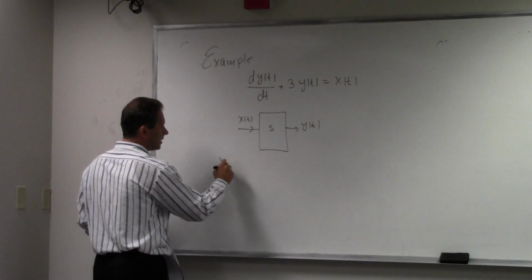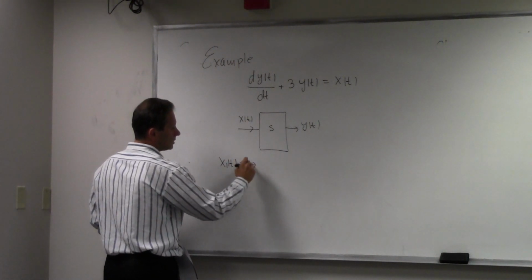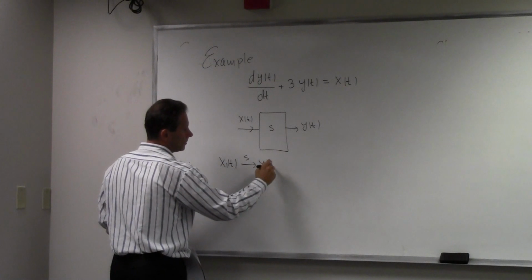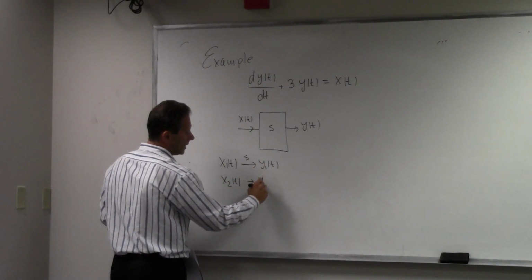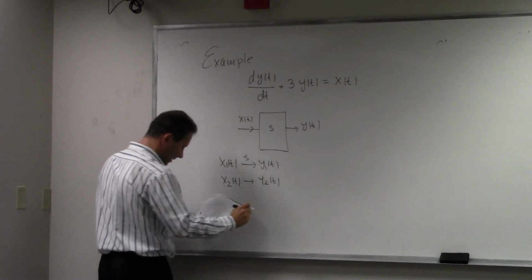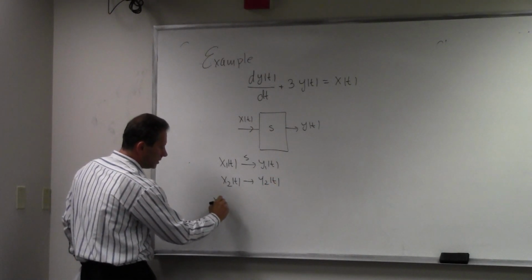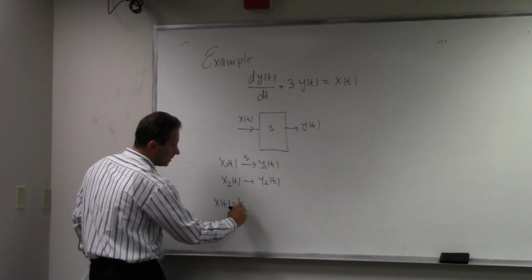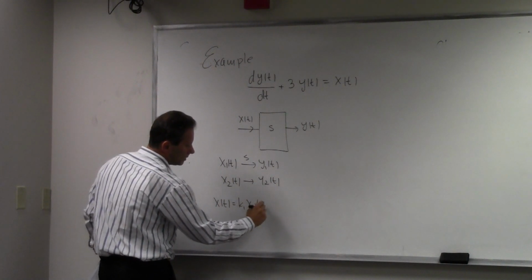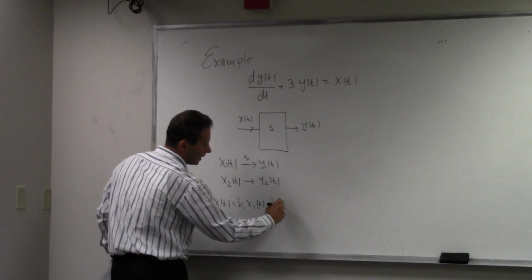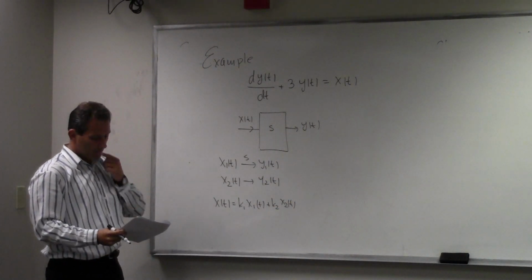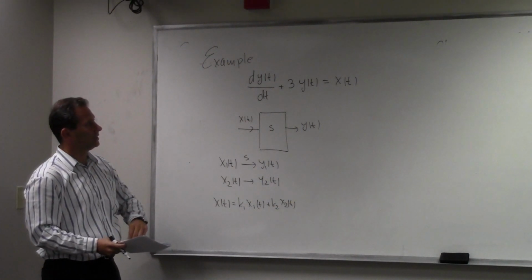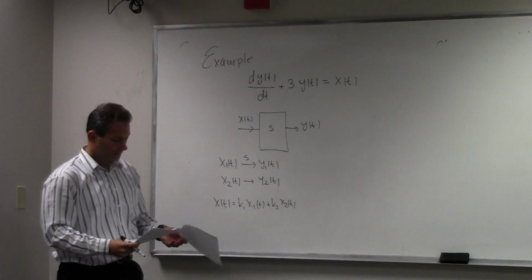So let's say x1(t) produces y1(t), and x2(t) produces y2(t). Let me form an input x(t), which is k1 x1(t) plus k2 x2(t). And let me feed that in and see if I can demonstrate that the superposition holds.